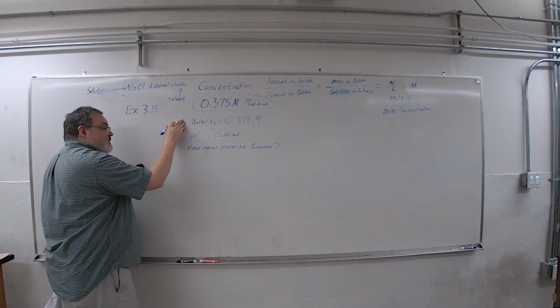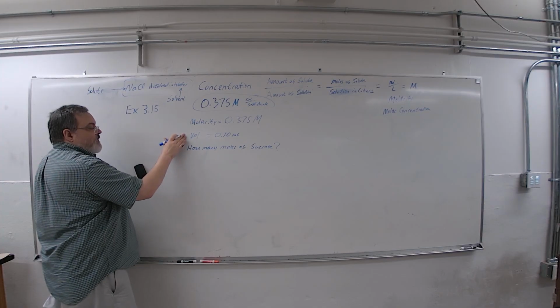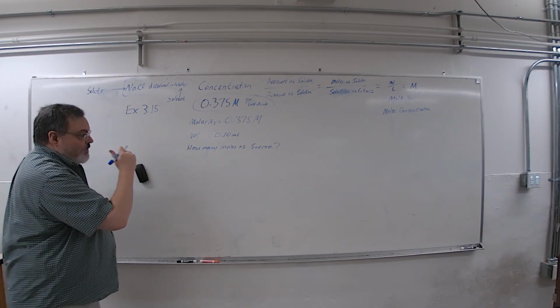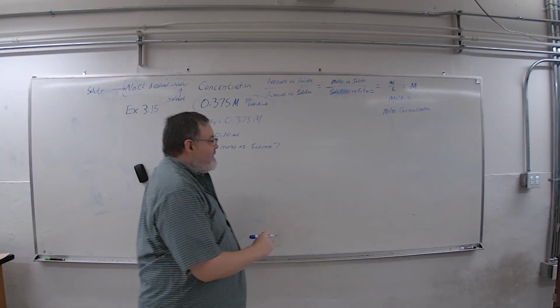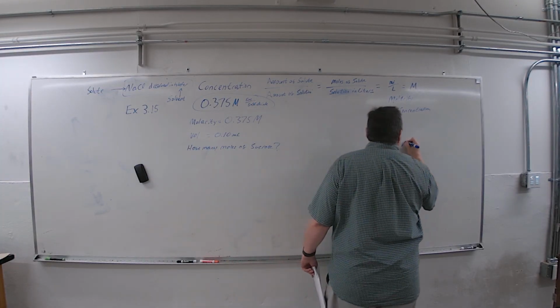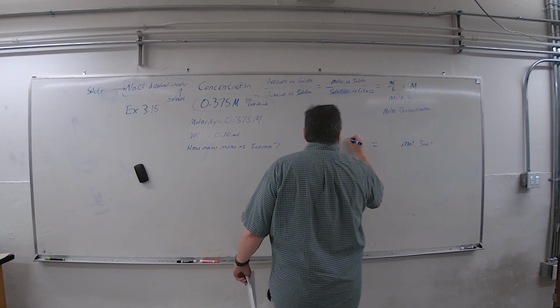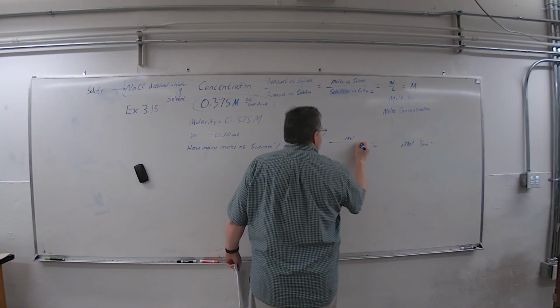You have a solution that is this molarity. It's sugar in a solution. You have this volume. How many moles of sucrose are in this volume? We know that we need to end in moles. Moles of sucrose. That means I need moles on top on this side somewhere.